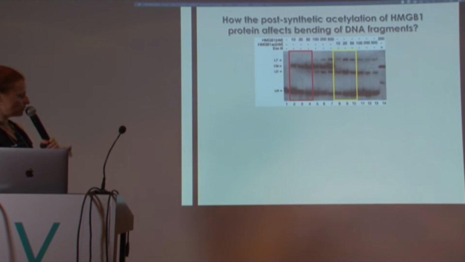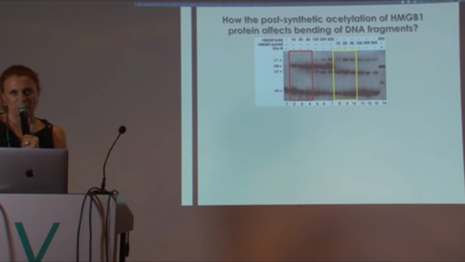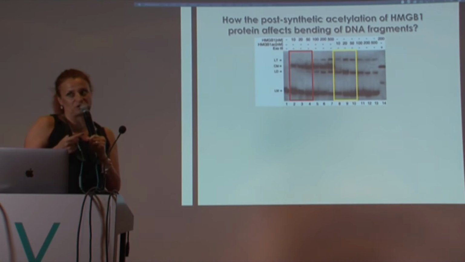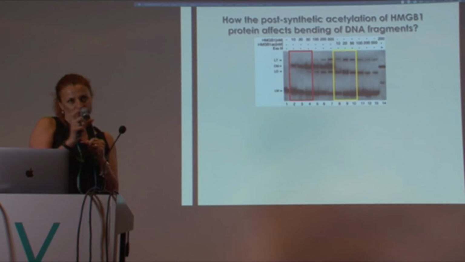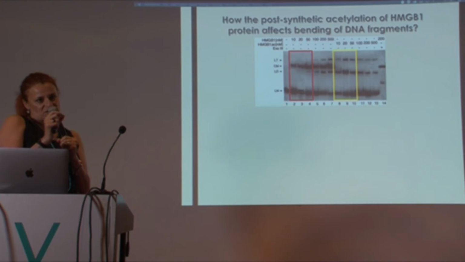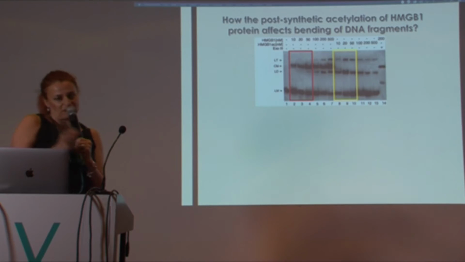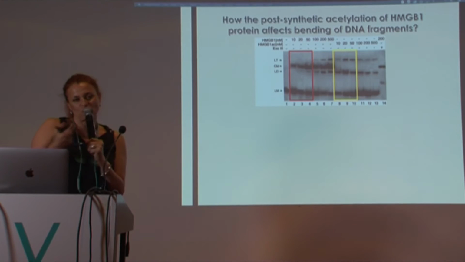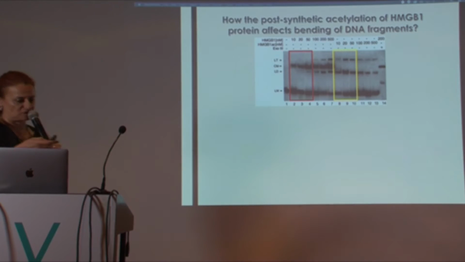The normal, not modified protein, when interacting with a short piece of DNA, like less than 100 base pairs, I believe that you know that DNA is a kind of rigid molecule, and if you have small pieces of DNA, you could not get it into a circle in the presence of ligase because it's rigid. It could happen only in the presence of a protein which could kink DNA. And HMGB1 is one of those proteins.